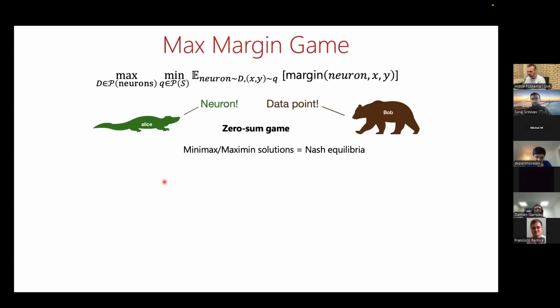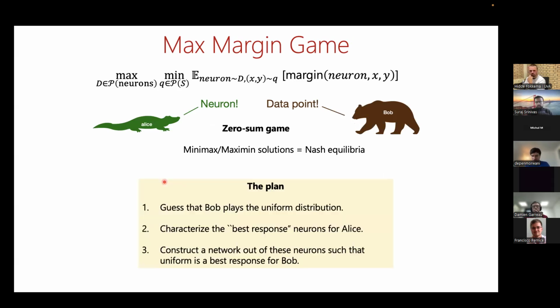So this is going to be the max margin game which we are going to play. We are going to find this distribution D star and Q star such that both of these are optimal for each other, and then we say we have solved this game. This is how the steps look. Since modular addition is a symmetric data set, we are going to guess that Bob plays the uniform distribution over all the points.